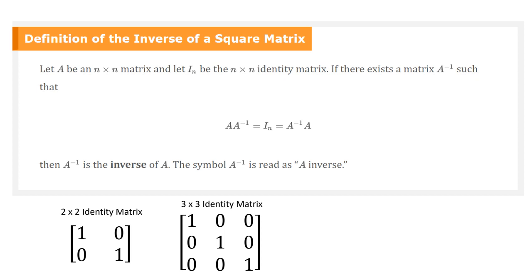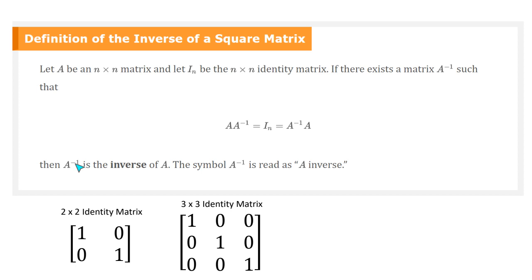In order to have an inverse, it does have to be a square matrix. And so if you take the matrix and you multiply it times its inverse, it's going to equal the identity matrix. But in order for it to really be inverses of each other, we should be able to multiply the inverse times the A and also get the identity.